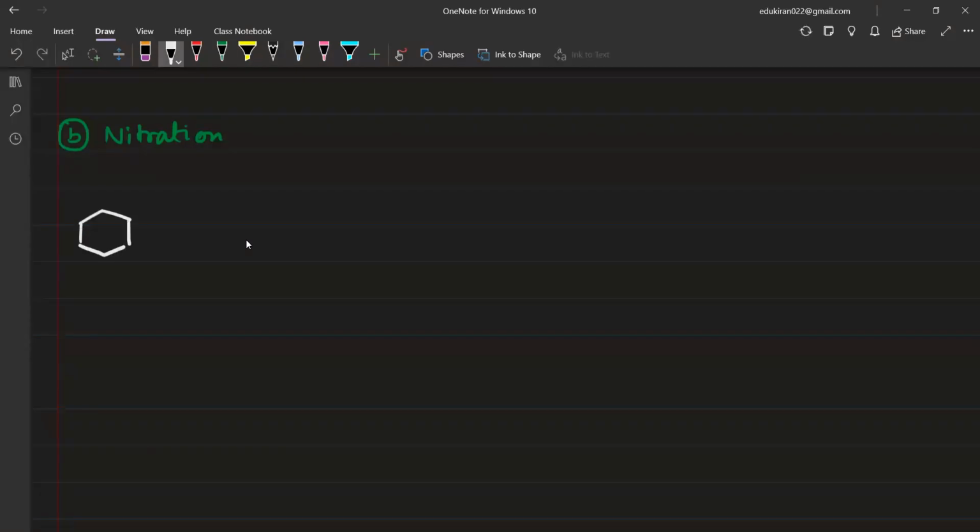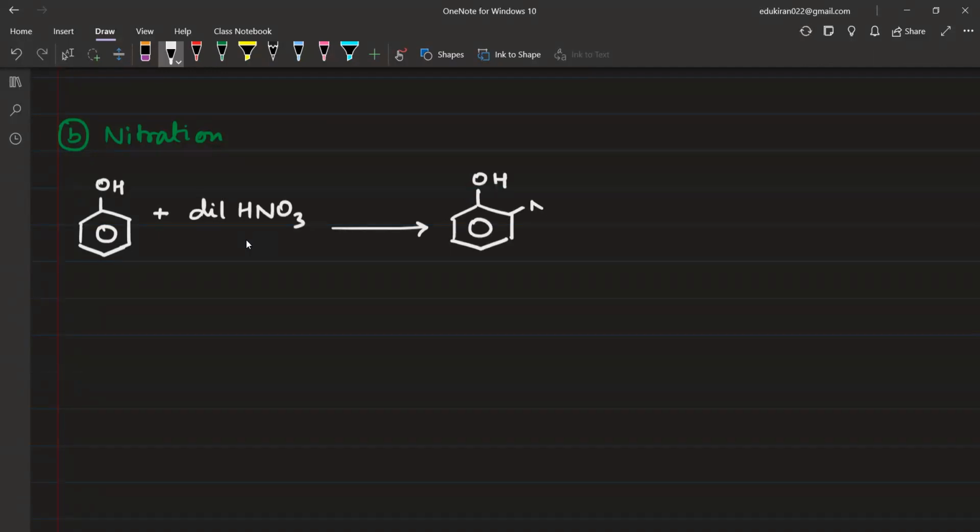When we treat phenol with dilute nitric acid, it leads to the formation of two products, O-nitrophenol and P-nitrophenol.